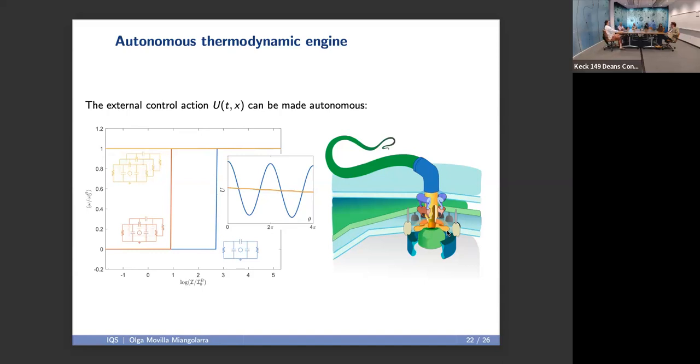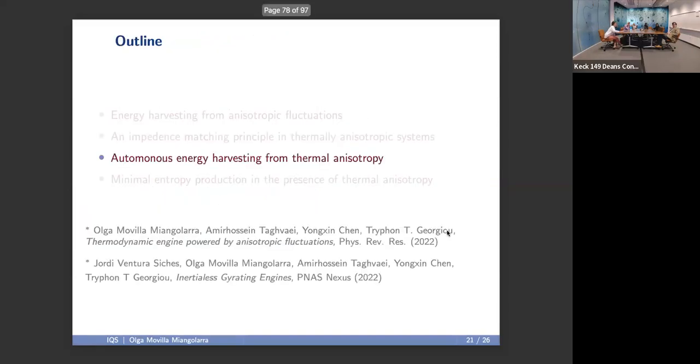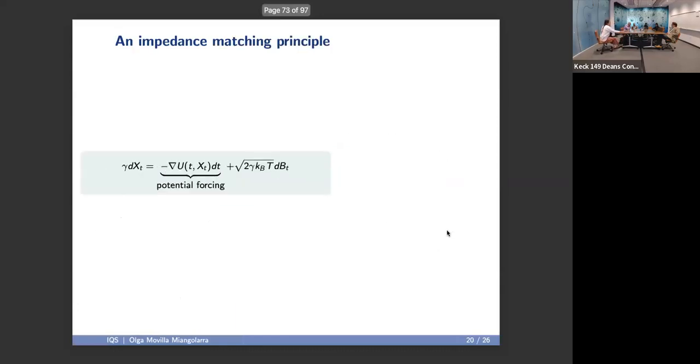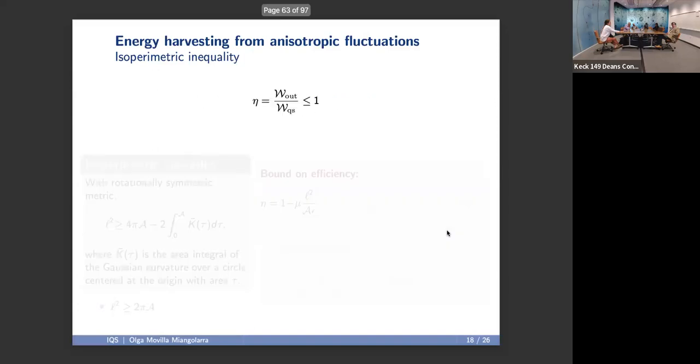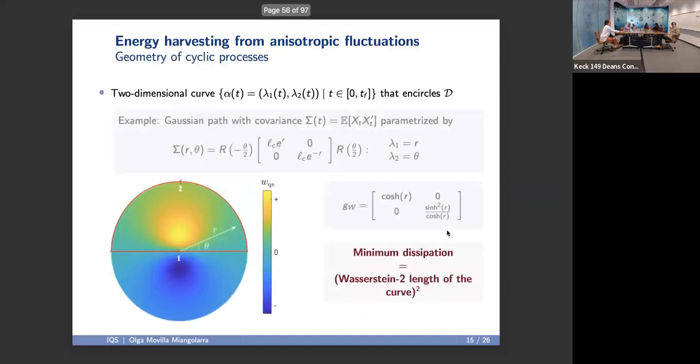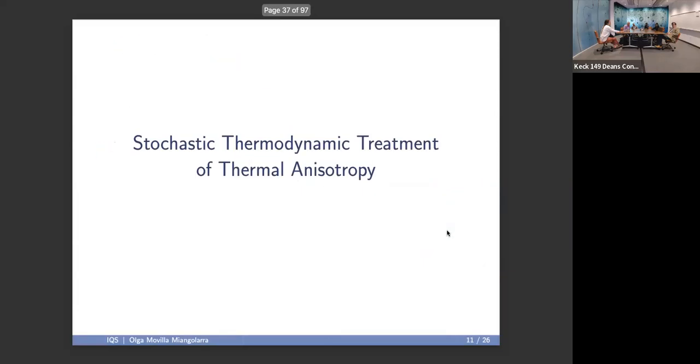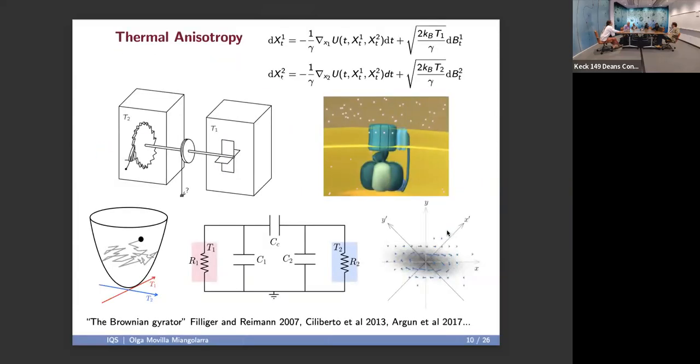Great. Any other questions? I didn't actually understand why you need to minimize the entropy, especially in the setting of thermal anisotropy. Usually systems tend to follow trajectories which maximize entropy naturally.